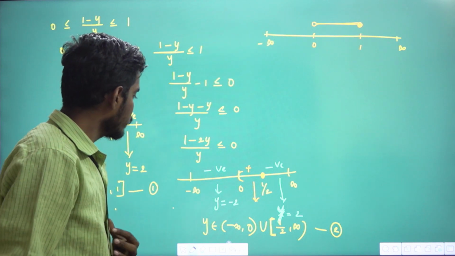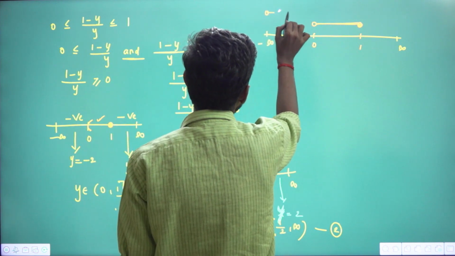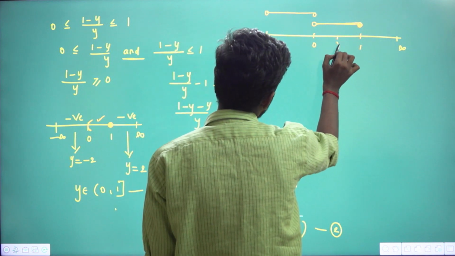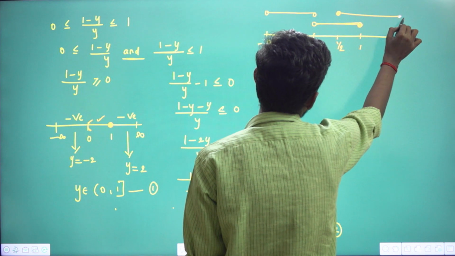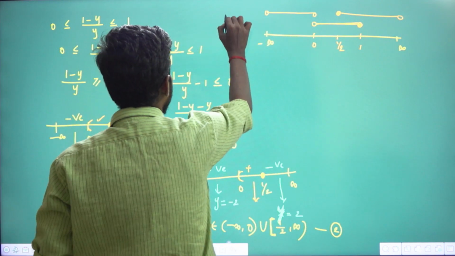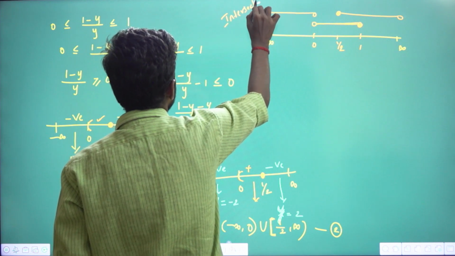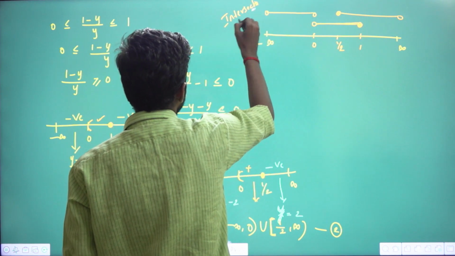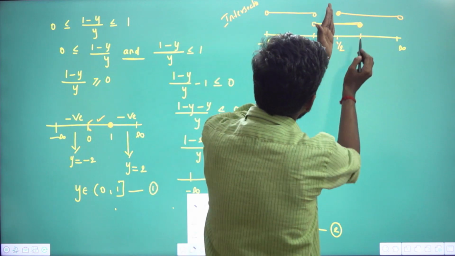This condition will be satisfied when y belongs to minus infinity to 0, both open, and then 1/2 to infinity, where 1/2 is closed. So what is the intersection? Who will be in the intersection, tell me. The intersection is 1/2 to 1.